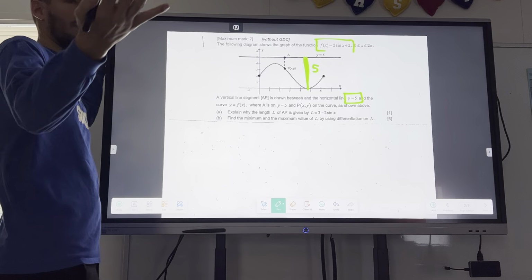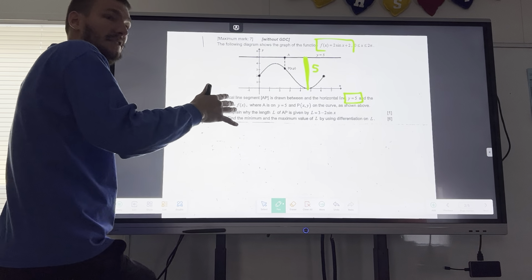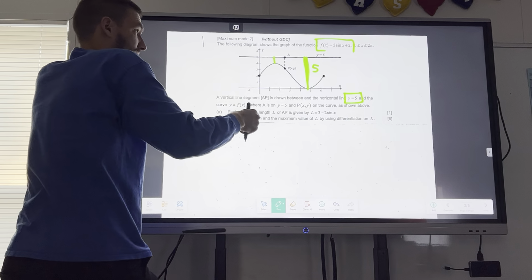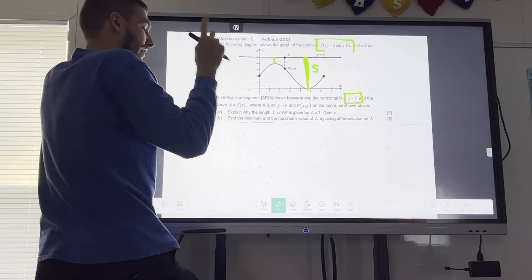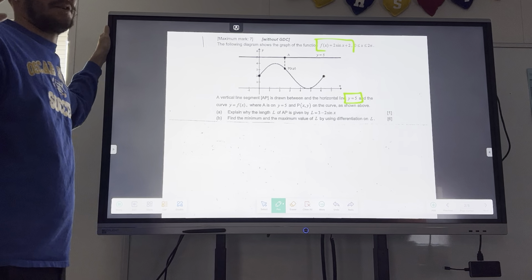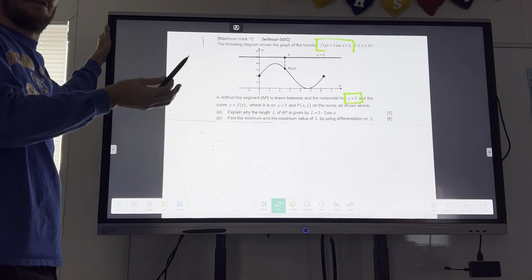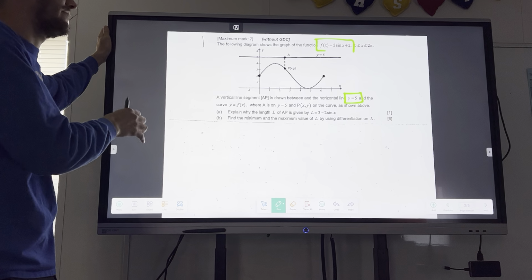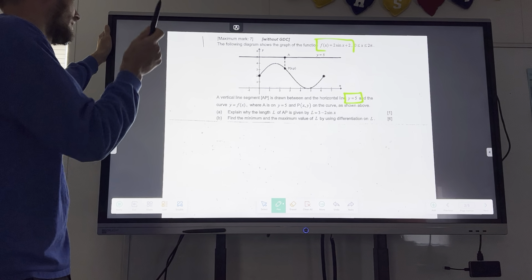L, the longest length, is 5. And what is the shortest? Just one. But obviously, when you get to the IB test, or even on any kind of calculus test, you can't just look at the graph and say, "Yeah, it looks like 5." Let's actually do what it says here and find those values mathematically.